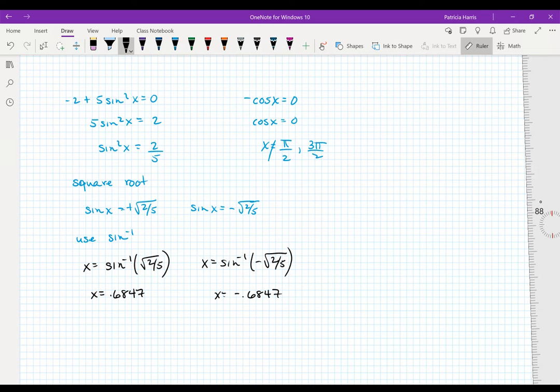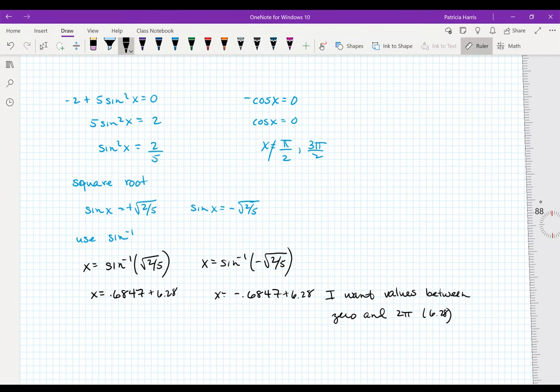Now, if I want values between 0 and 2 pi, which is 6.28, I'm going to have to add 6.28 to see what my answers are. Okay, here we go.